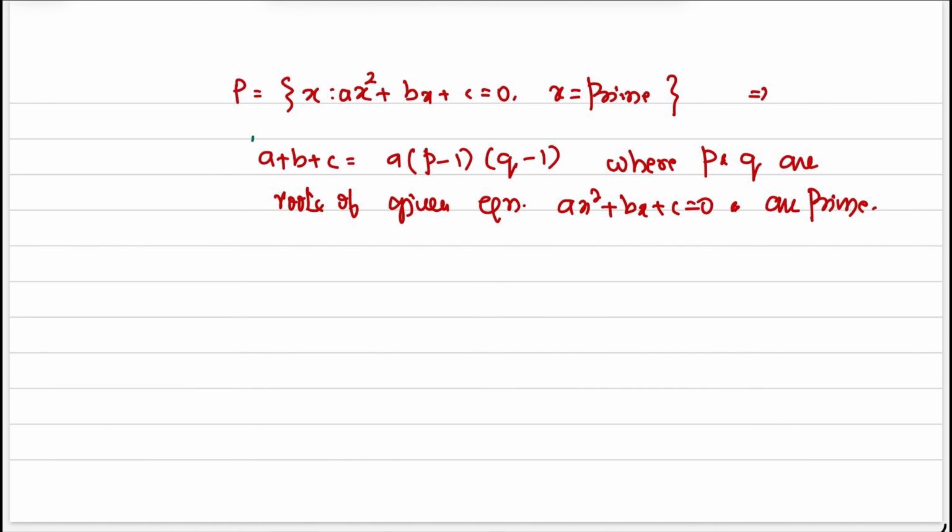This is the condition that is to be met for a plus b plus c. From this we will derive the values of a, b, c, a plus b plus c, once we have further restrictions on a, b and c.